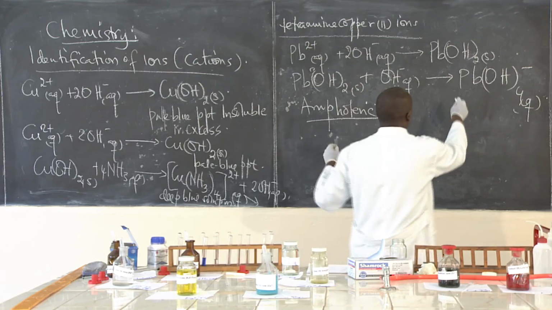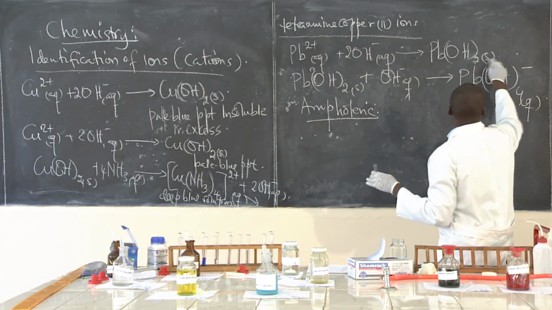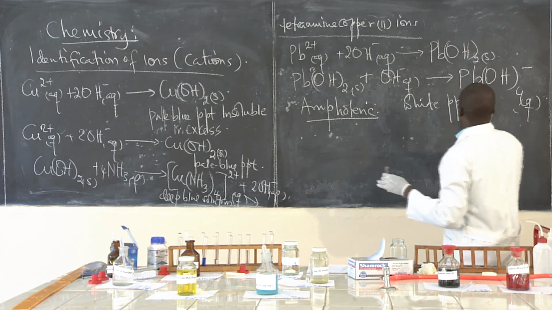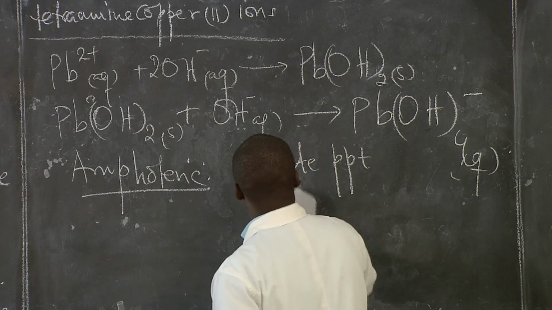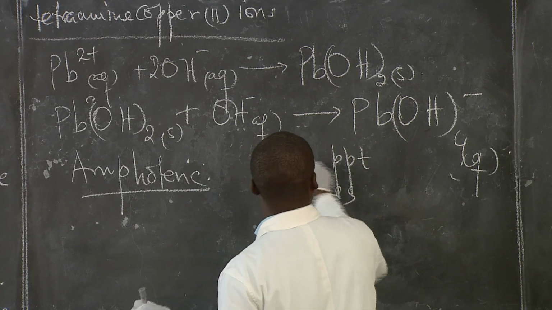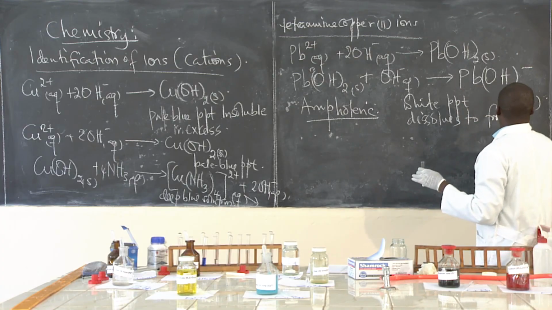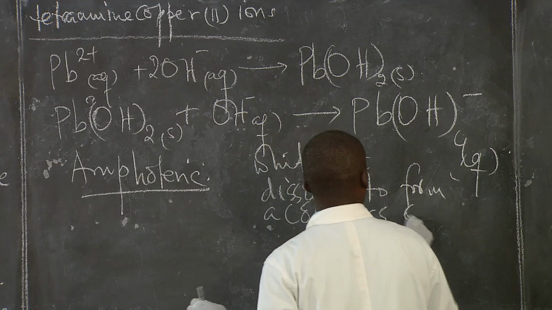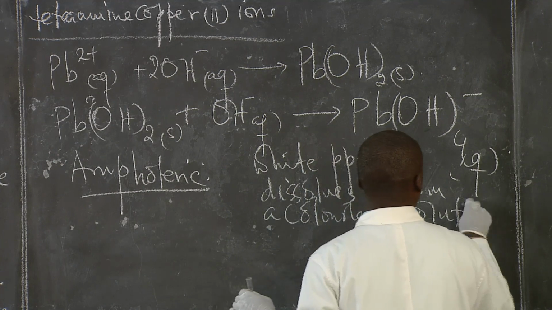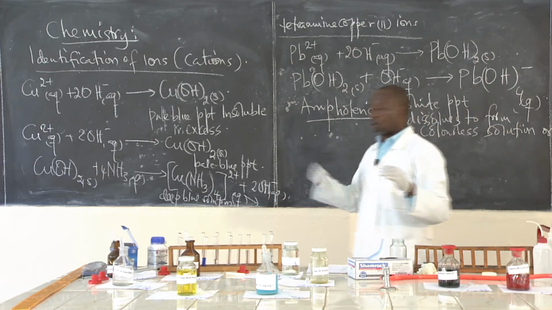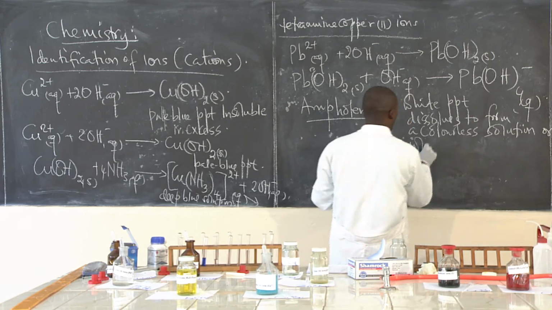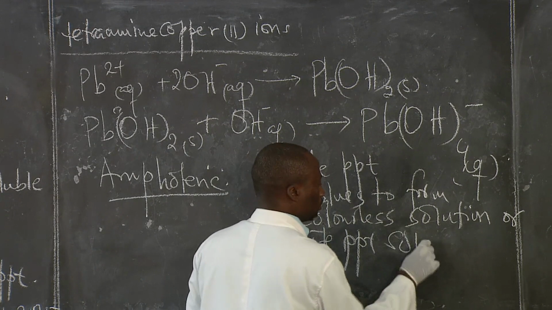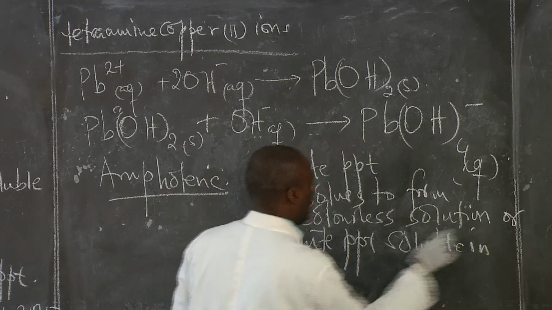Here we said the white precipitate dissolves to form a colorless solution. Or you can say white precipitate, simply white precipitate, soluble in excess.